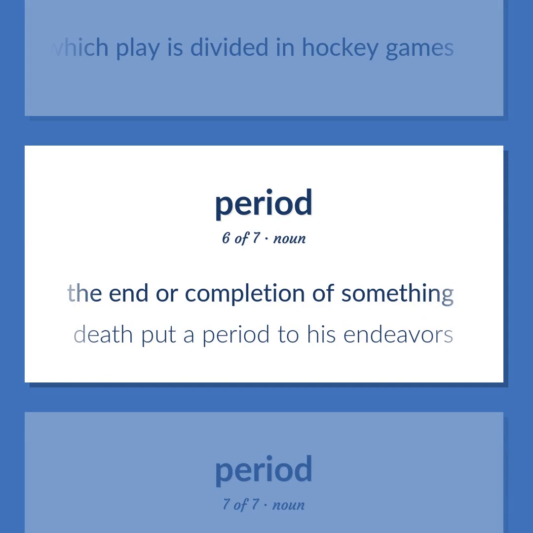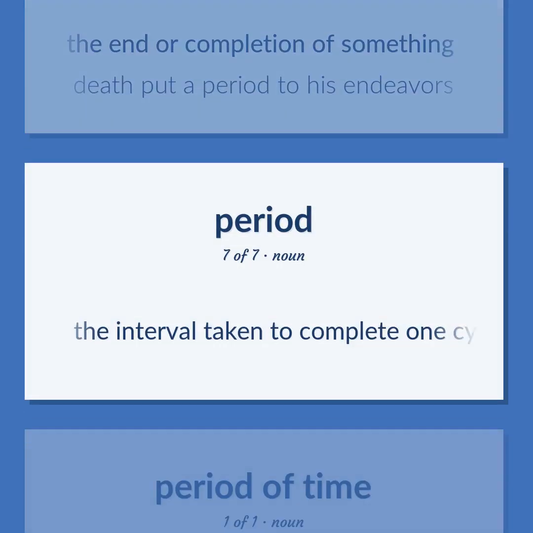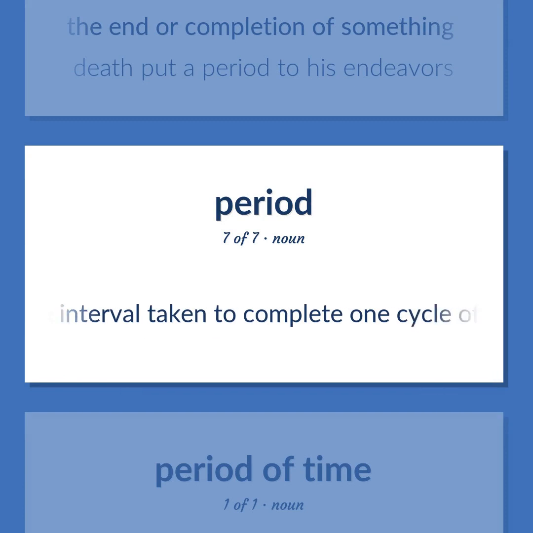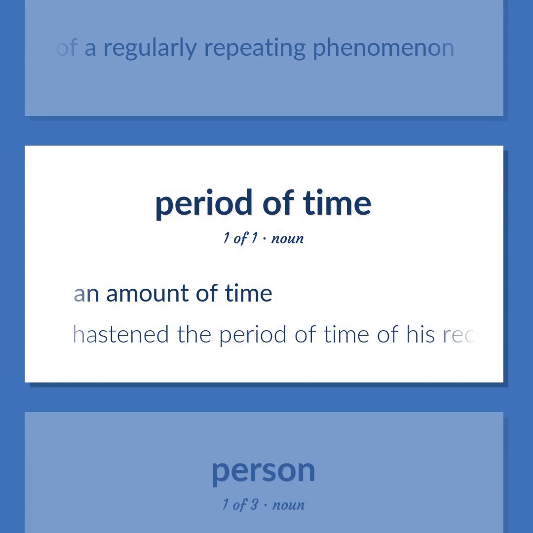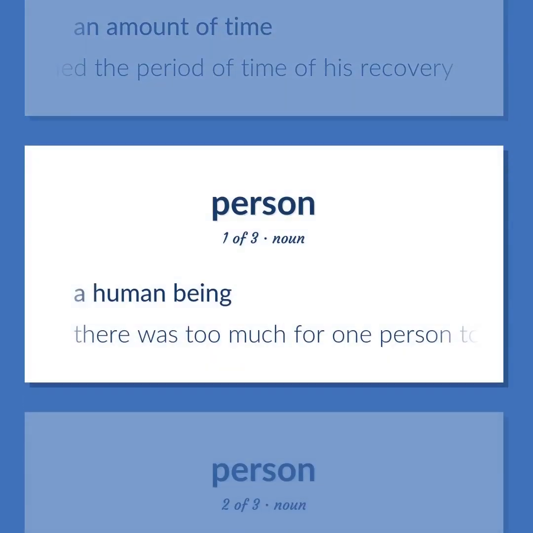Death put a period to his endeavors. The interval taken to complete one cycle of a regularly repeating phenomenon. An amount of time. Hastened the period of time of his recovery.